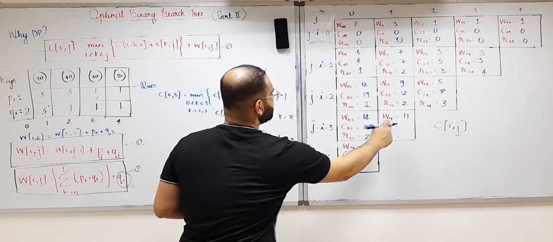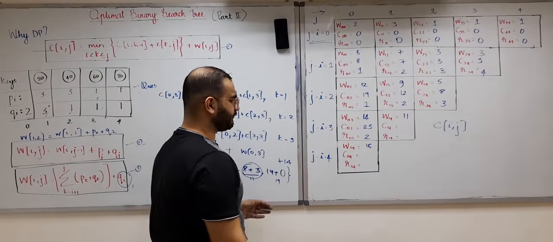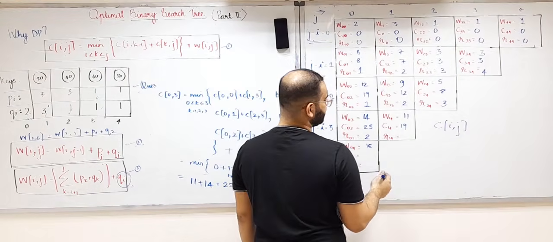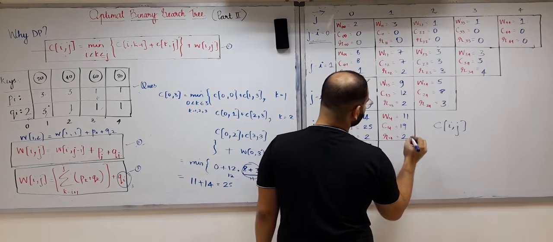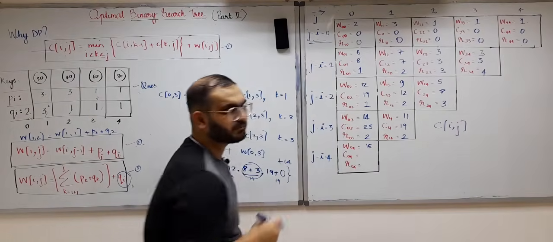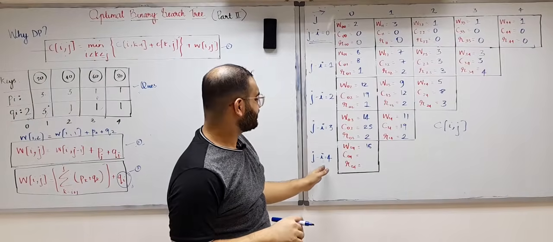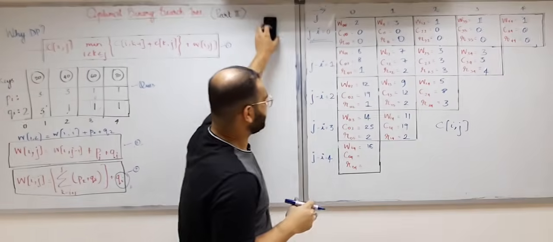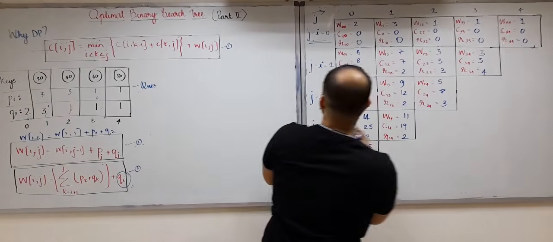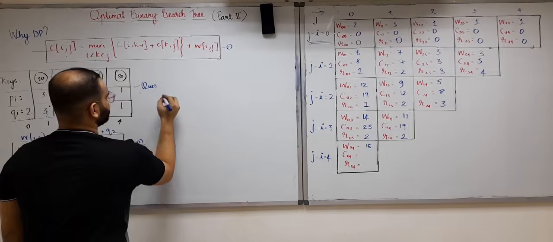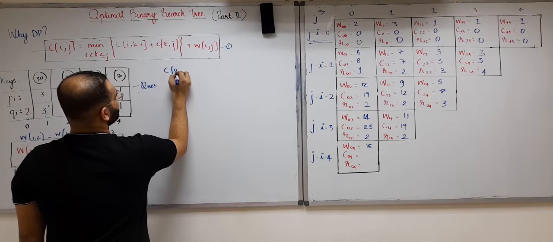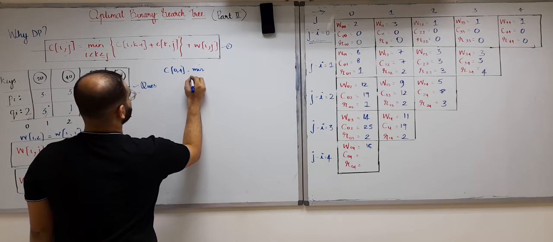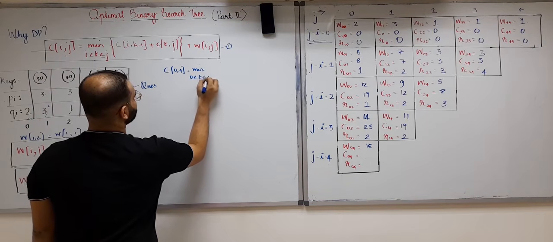In the same way, you can solve for the cost of C(1,4). Here again for C(1,4) we will get 19 and the root we will again get as 2. Now let us finally solve C(0,4), that is what we require in the question, and we have already got the weight of (0,4). C(0,4) is equal to the minimum over 0 < k ≤ 4.